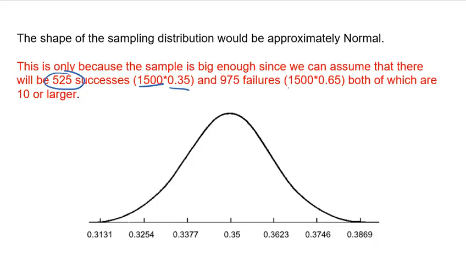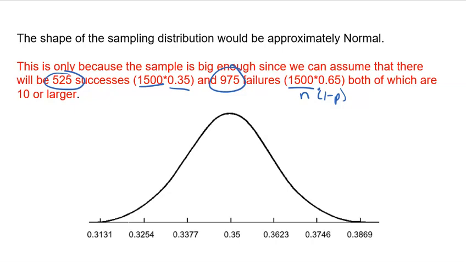And then I'm going to take 1,500, that's n, times the opposite of p, 1 minus p, 0.65, and I get 975. That means 975 kids do not live within 50 miles of their home. As long as both of those numbers are 10 or bigger, the normal model is safe to be used. If either one of those comes back under 10, honestly, guys, you shouldn't draw the normal model.